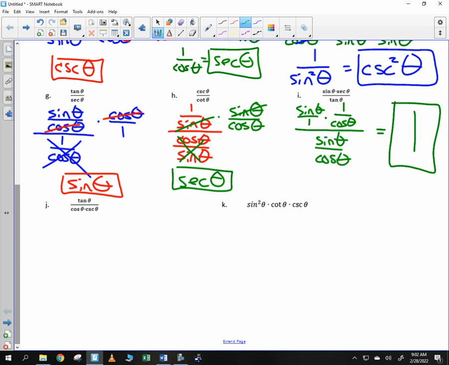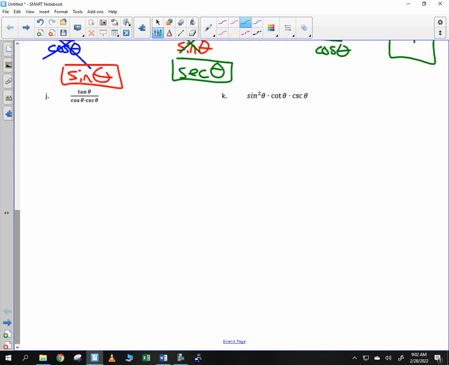Last 2. I'll rewrite the top. Tangent I rewrite as sine of theta over cosine of theta. Do I rewrite cosine? No. Do I rewrite cosecant? Yes.